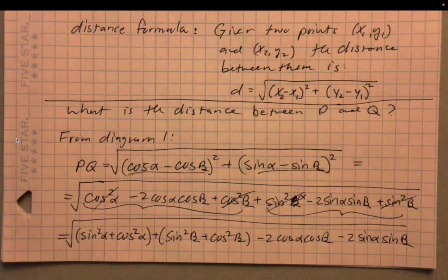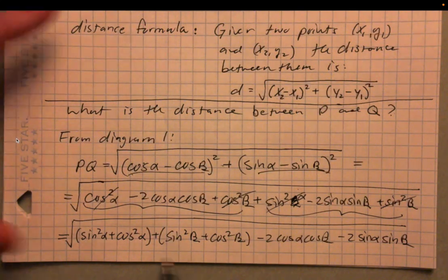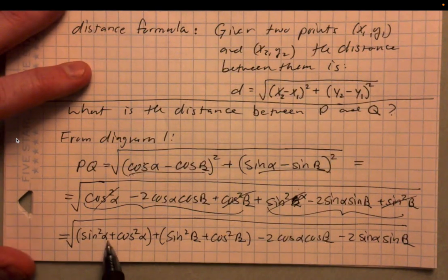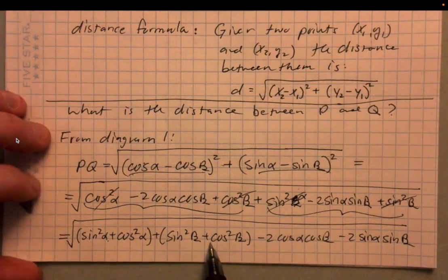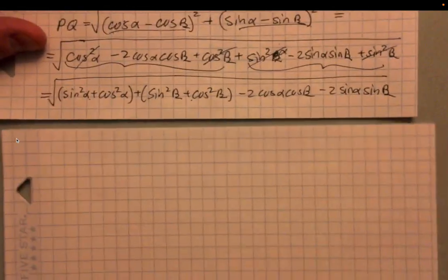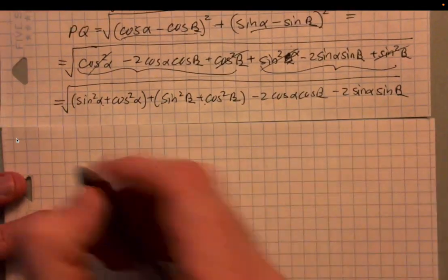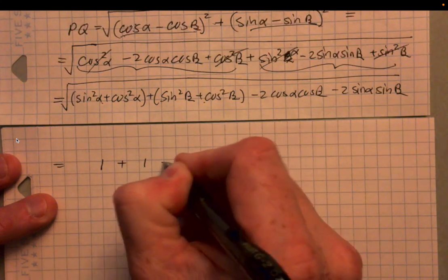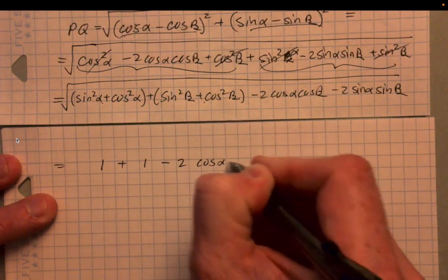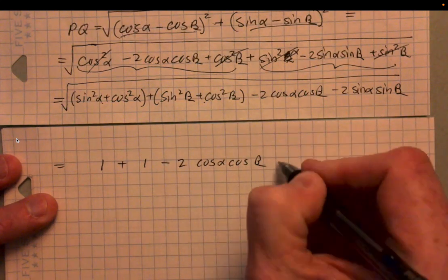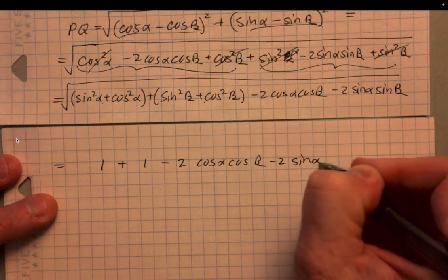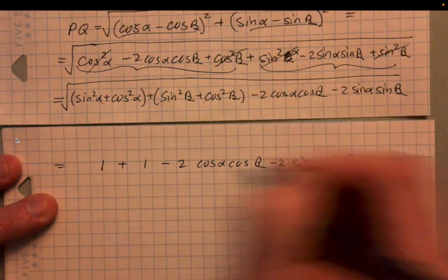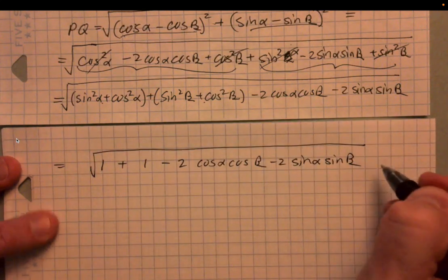Okay. And the benefit of doing that is that this is equal to 1 and so is this. These are both 1, so I can get rid of a lot of terms and replace them with just a 1. So I've got 1 plus 1 minus 2 cos alpha cos beta minus 2 sine alpha sine beta, square root of that.